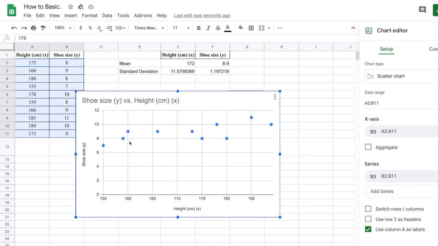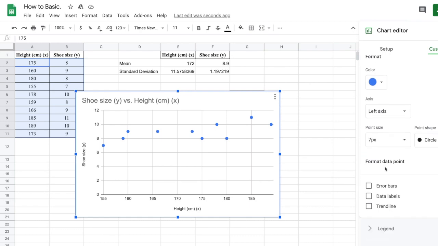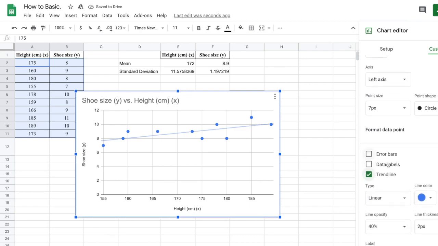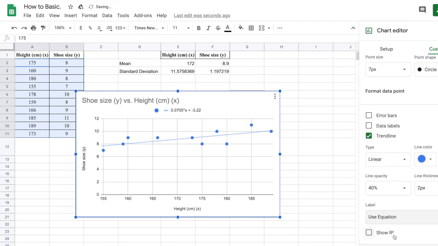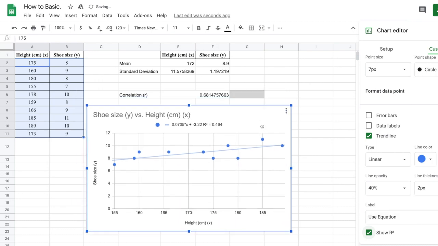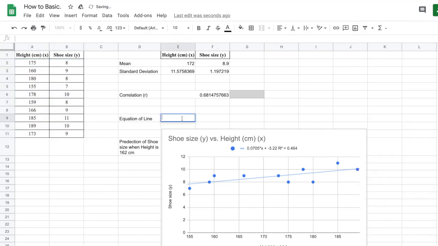I need a trend line or a linear regression. So I'm going to go to customize, series, scroll down, trend line, boom. Now I want my equation, keep scrolling down, label, use equation. I also want to show my R squared. So I'm almost done. Now I'm just going to put my equation in here.